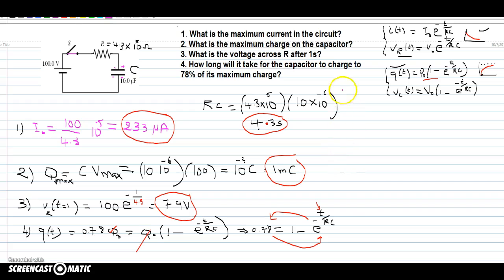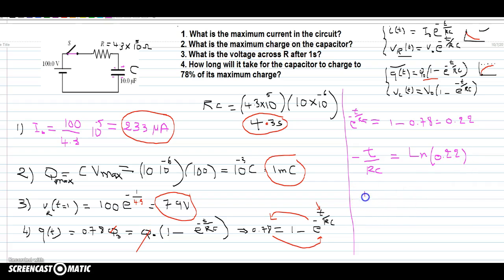So I'm going to find exponential minus t over RC is equal to 1 minus 0.78, and this is just 0.22. Now use the natural log on both sides, so minus t over RC is natural log of 0.22.